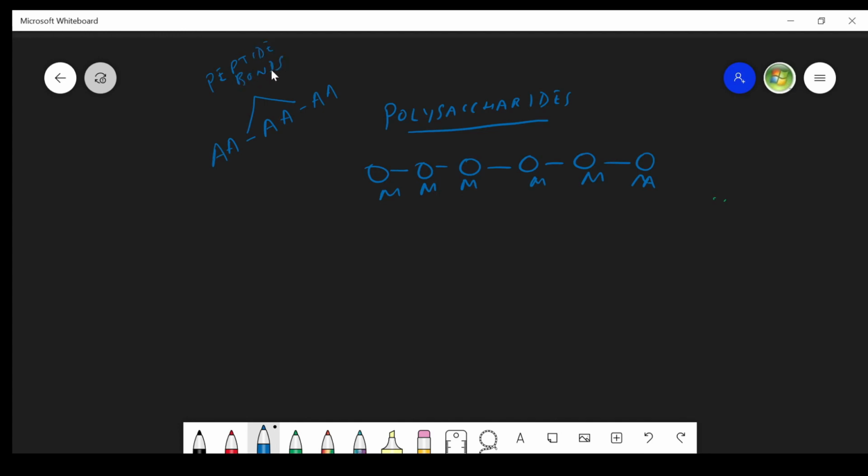Here there is also a bond, they are linked together. This bond is known as glycosidic bond or linkage.